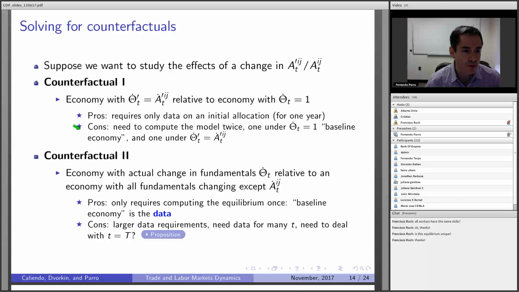So suppose we want to study, as we are going to do in our application, a change in productivities in the manufacturing sectors in China. So we are going to perform two types of counterfactuals.